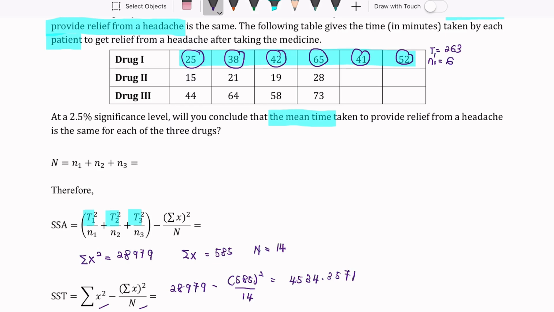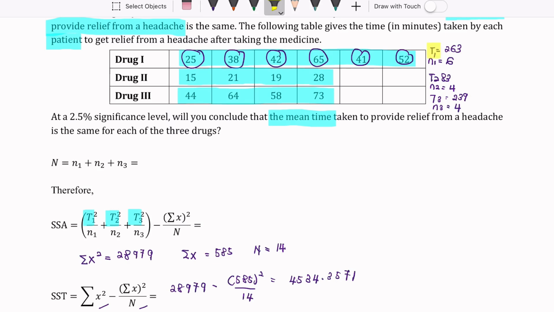Same goes to group 2, T2, you add all the data points here and you will have 83. And the sample size of group 2 is 4. For group 3, you sum all the data points here, you will have T3 equal to 239 and the sample size N3 equal to 4.